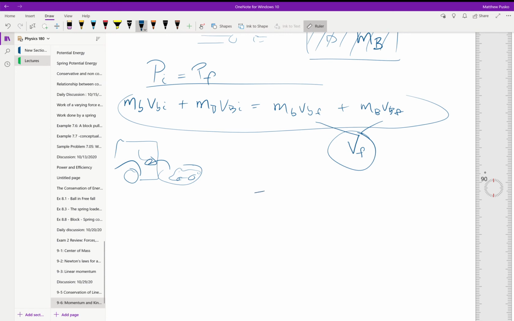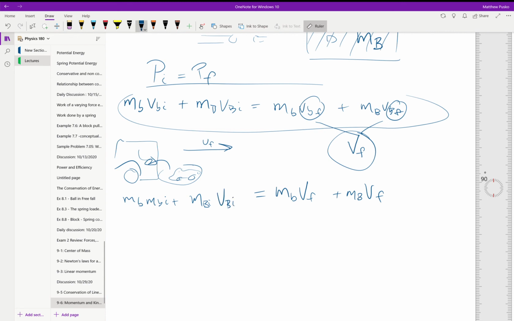So I'm going to substitute V final in for these two terms, because they're going to move off at the same combined velocity. What we get, and we can actually go ahead and cross out, oh, it's not a plus sign right there, velocity of the block initial.